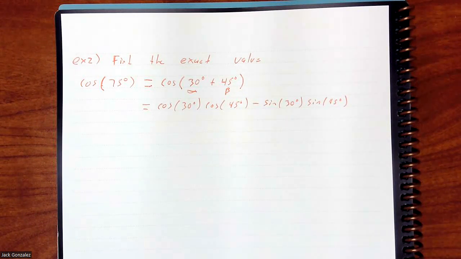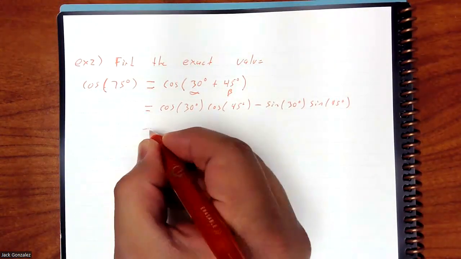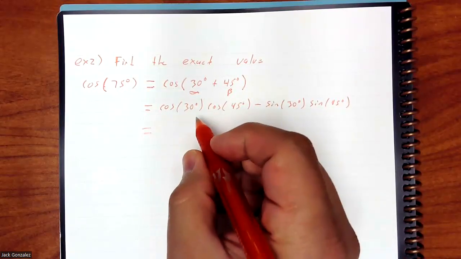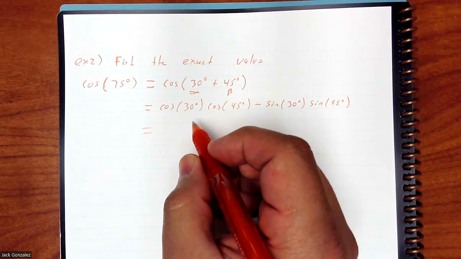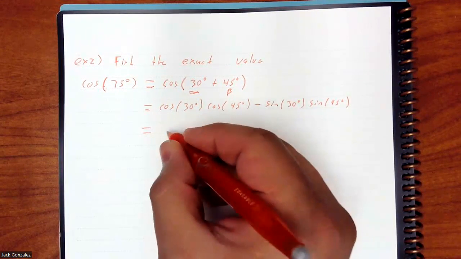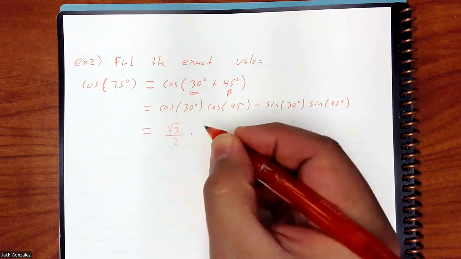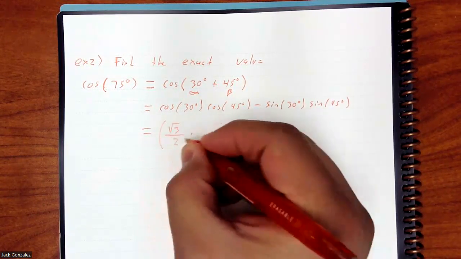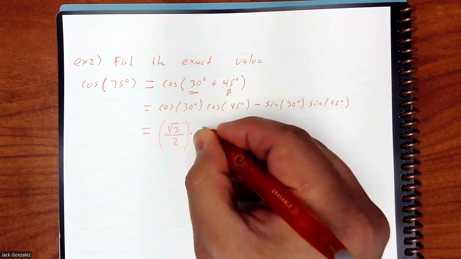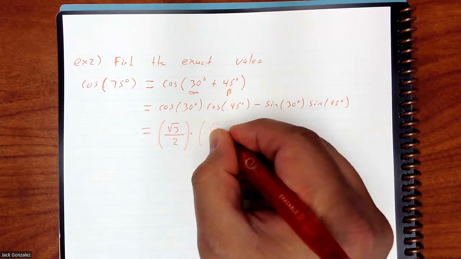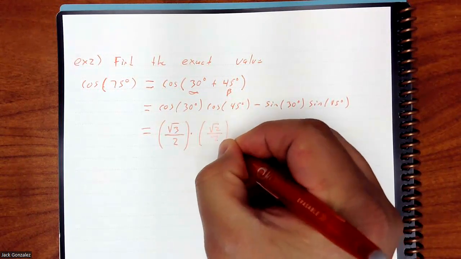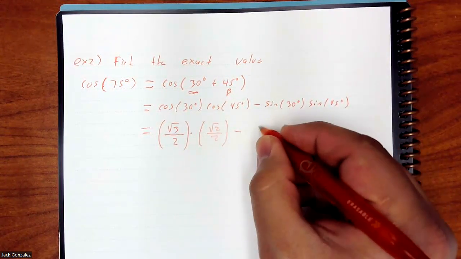I'll just look them up and that's it. Cosine 30 is √3/2, cosine 45 is √2/2, minus sine 30.